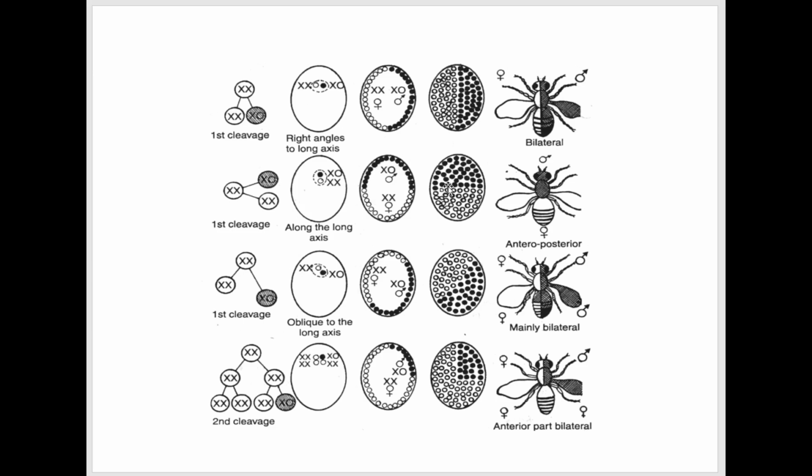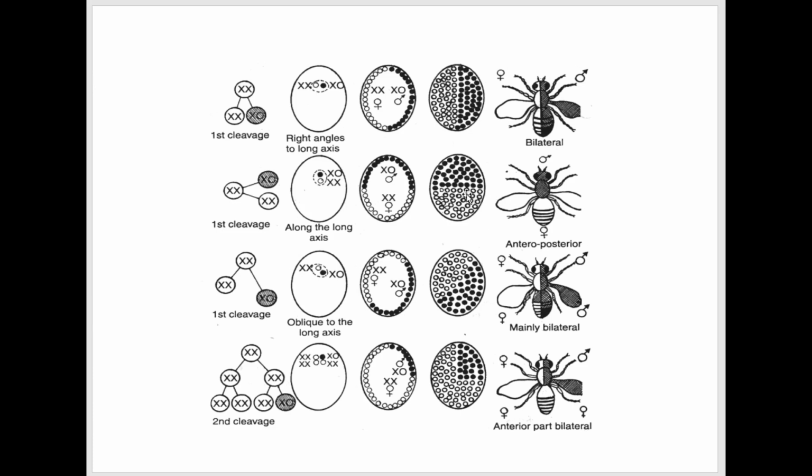Finally, after quite a large number of cleavage stages, the lower half of the embryo carries XX containing cells for femaleness, and the upper half of zygotic cells contain only one X chromosome with absence of another X chromosome, so maleness.